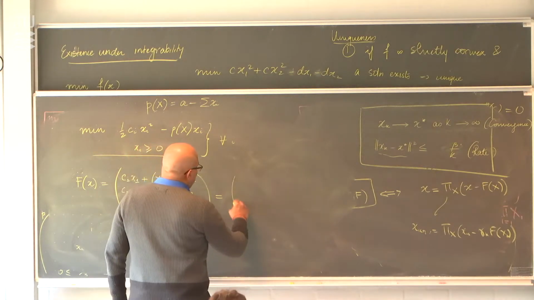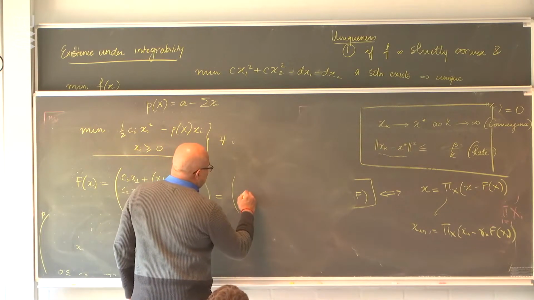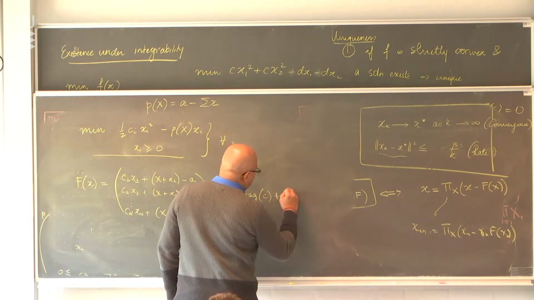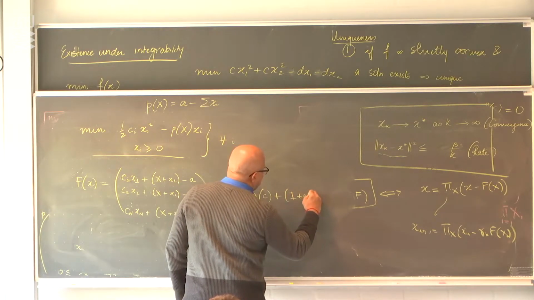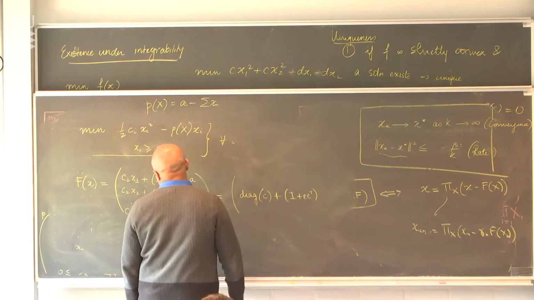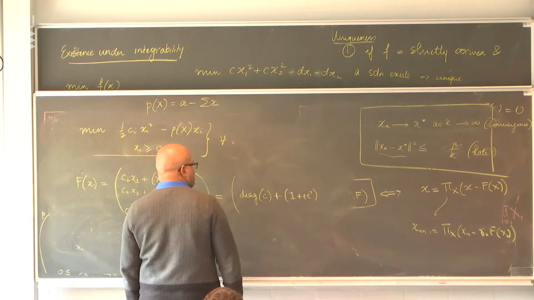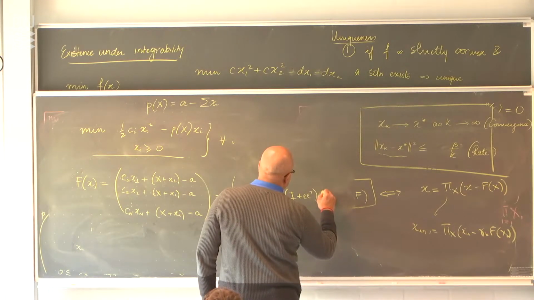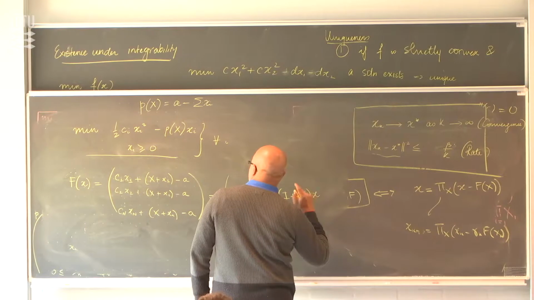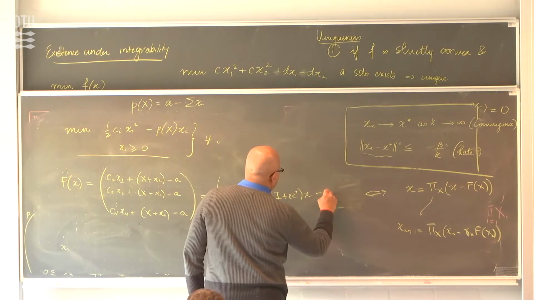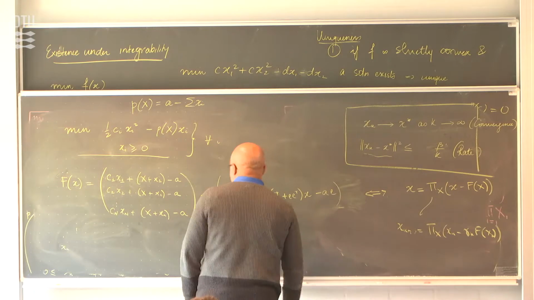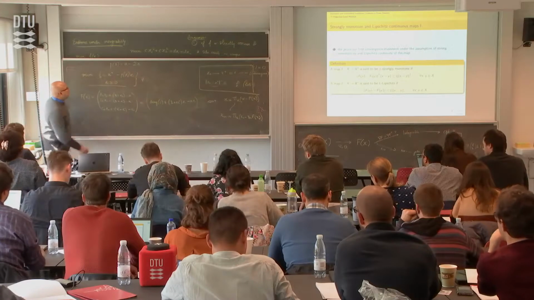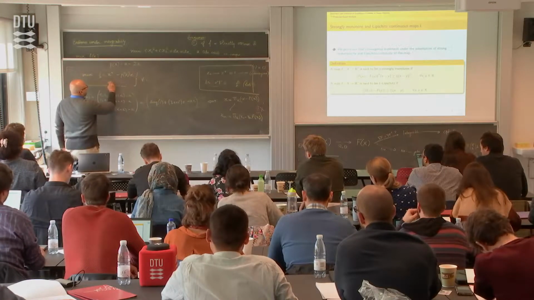What you're left with is diag(C) plus (I plus E E transpose) times x, minus a times E. If you have a capacity constraint, I can keep it inside, because I'm trying to show monotonicity.